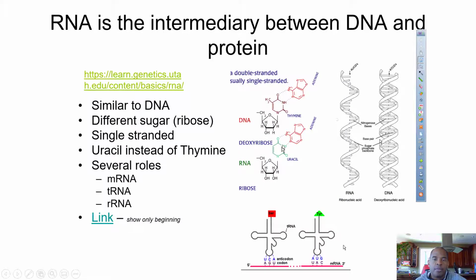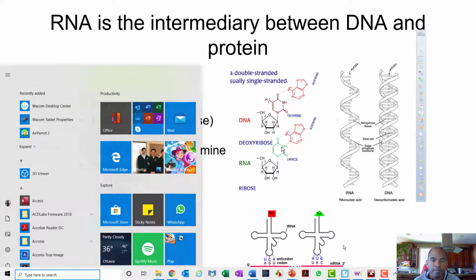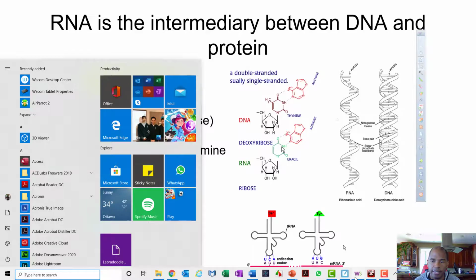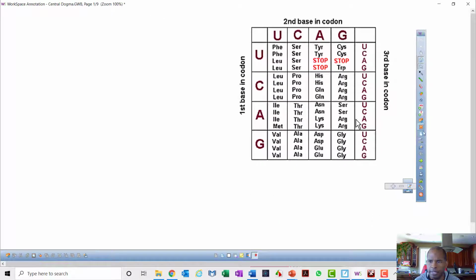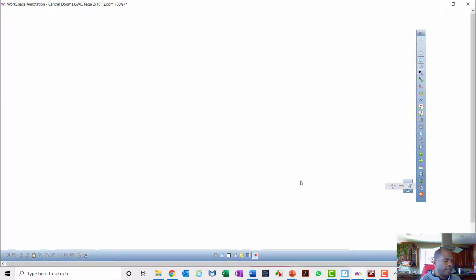Now, what's interesting is DNA creates protein, but it is not direct. The analogy that we often use is the analogy of a work site. So let's say you have a work site and you want to build a building. To build that building, you have these blueprints.